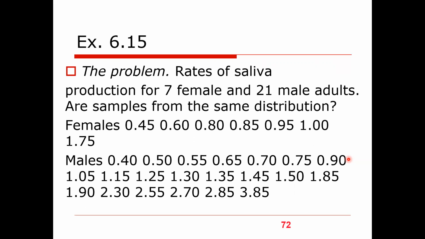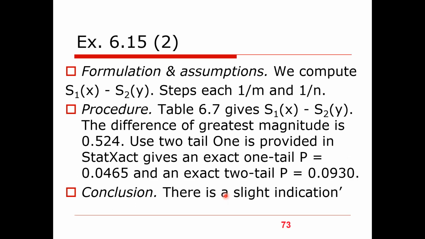Then example 6.15. The following data are rates of saliva production for female and male, and the unit is ml per minute. So 7 females and 21 males. Do they have the same distribution? So first, compute the sample cumulative distribution Sx for sample 1. We name it S1(x), and sample 2, we name it S2(y).